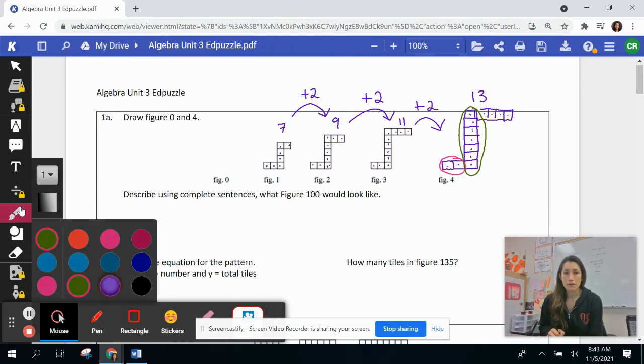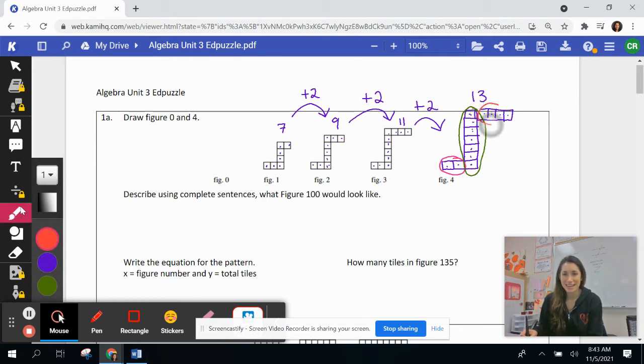And then hanging off on the right-hand side here, we've got our 3rd section of our tile pattern. That matches the figure number that we have, actually. Okay, so looking back, if we want to go to figure 1, we're going to subtract 2 from that, and so we're going to have 5 tiles.